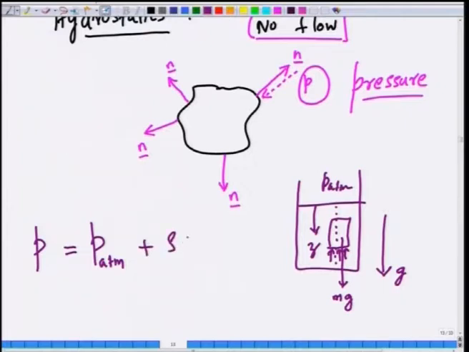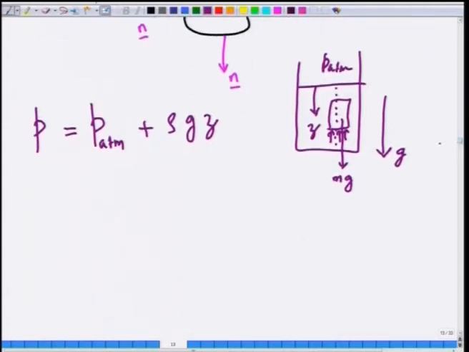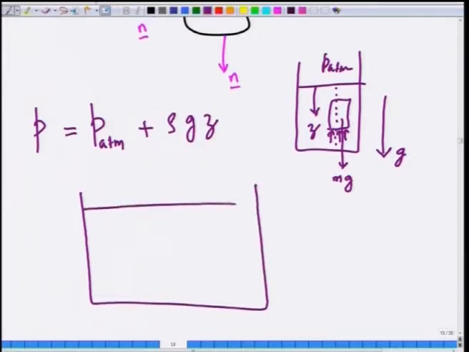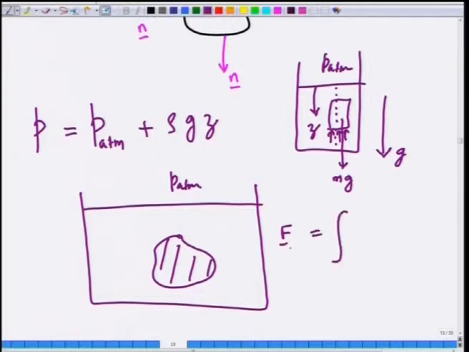P is P atmosphere plus rho g times Z, where Z is the distance from the free surface into the fluid. Now, suppose you have a free surface at atmospheric pressure, and any object, which could be a solid object, and you want to know the forces acting on it. All you have to do under static conditions is to integrate.